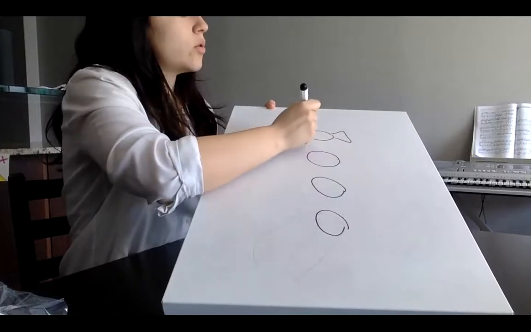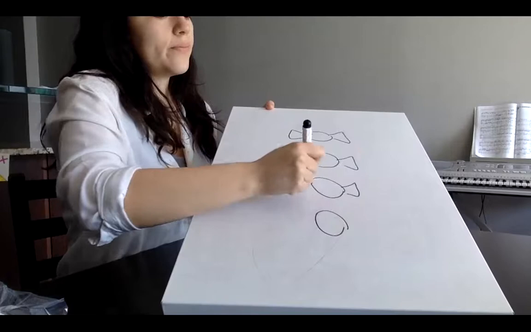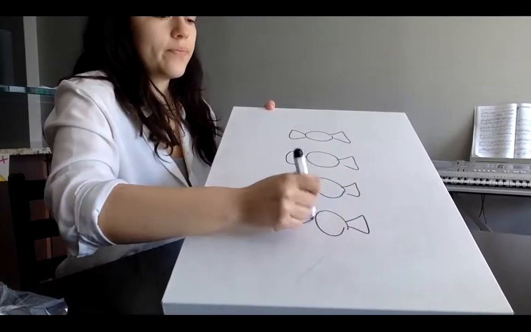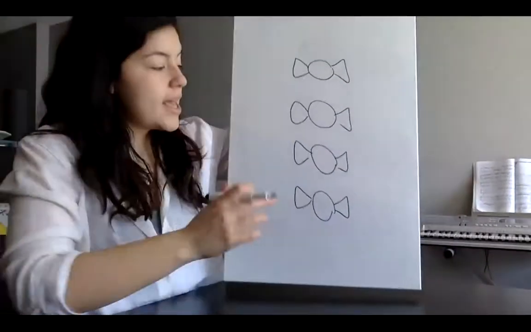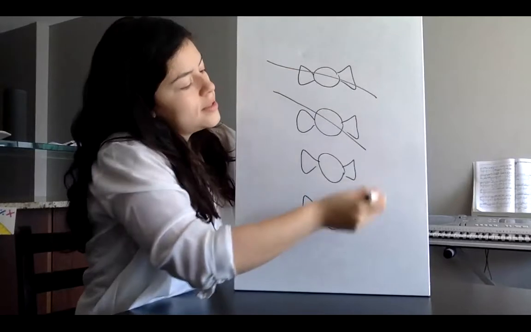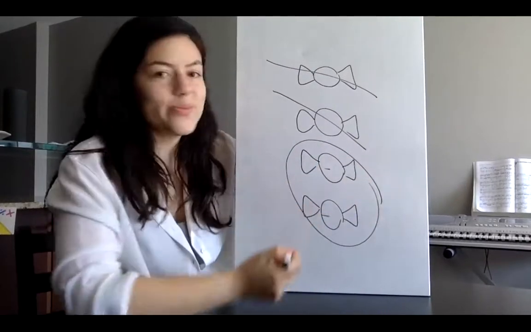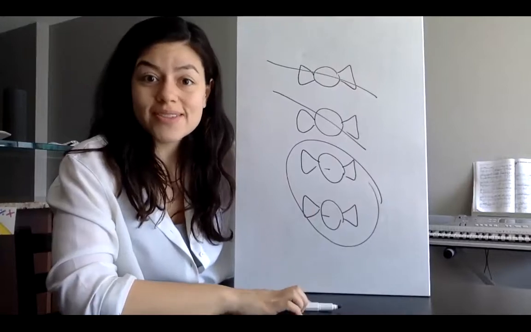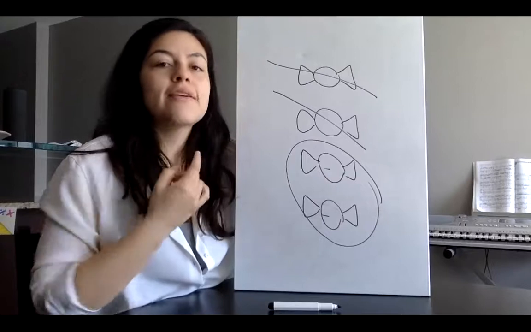Let me make these look really like candies. There we go. Here I have my 4 candies, and 2 get eaten. So I cross out 2, and how many are left? 1, 2.